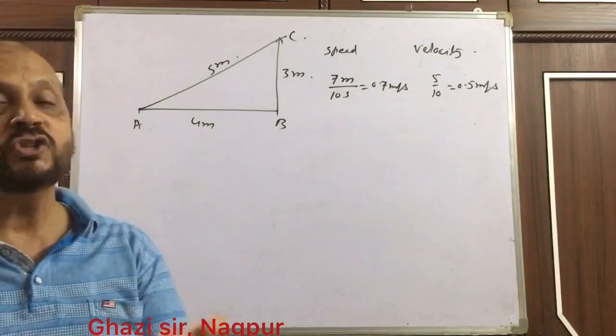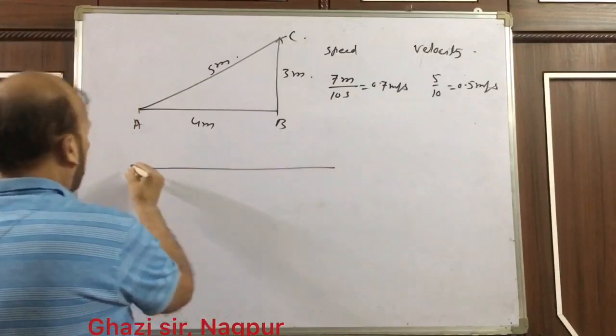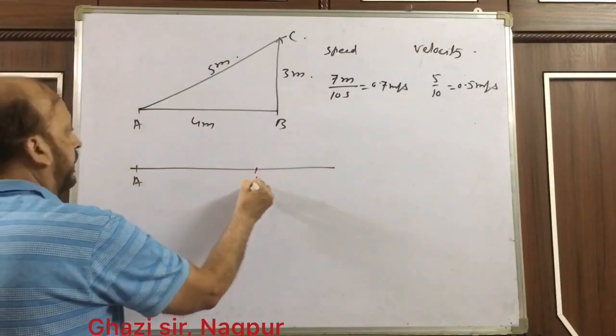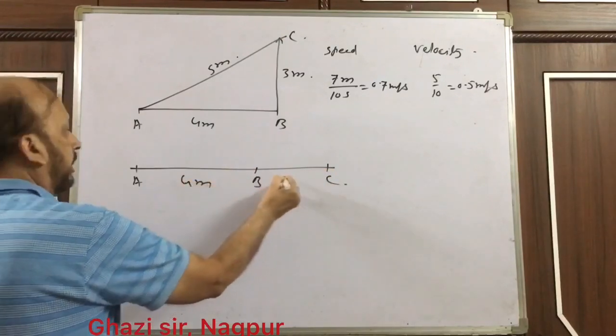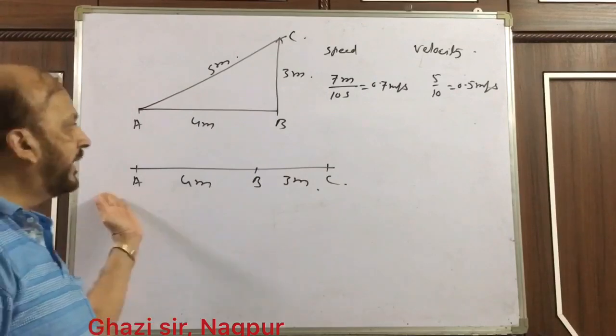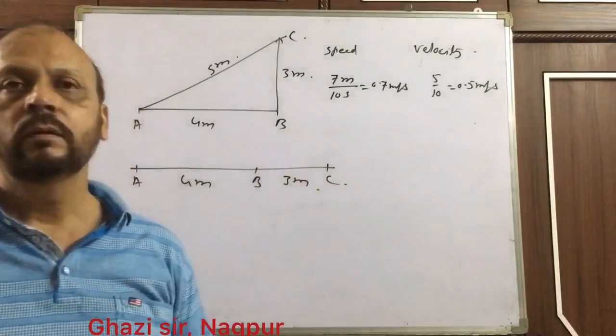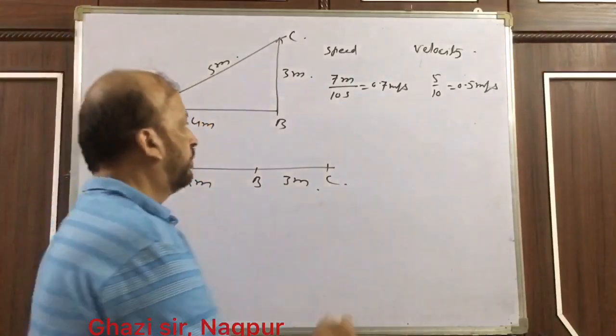Suppose it is not changing direction, A to B, B to C on the same path, 4 meter and 3 meter. Then the path length would be 7 meter as well as the displacement would be 7 meter. So both would be the same.